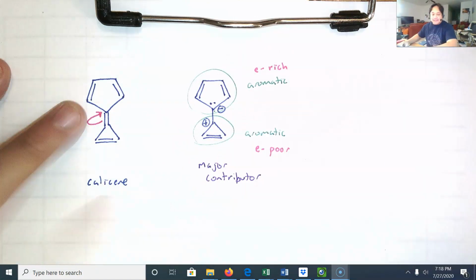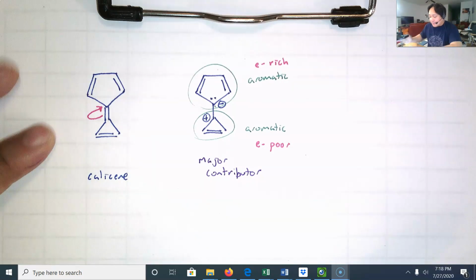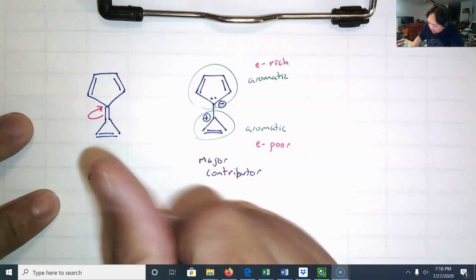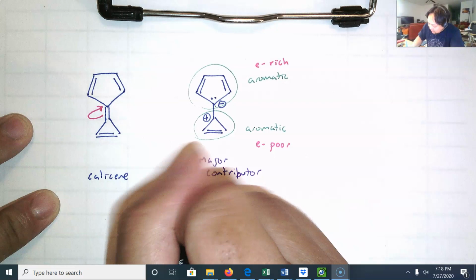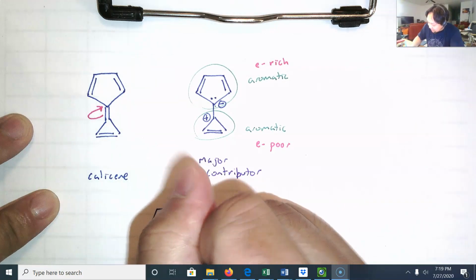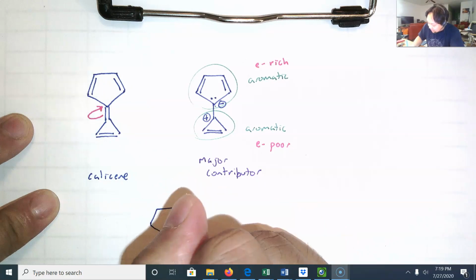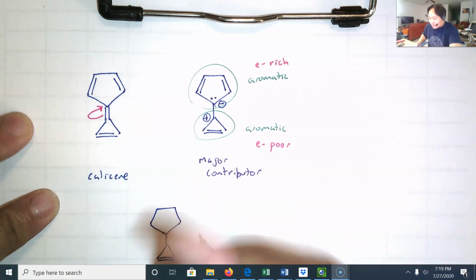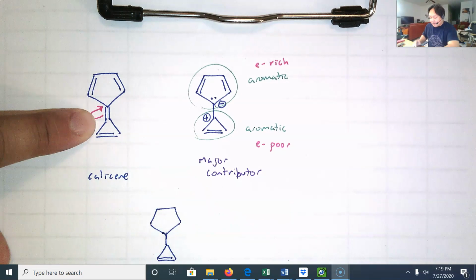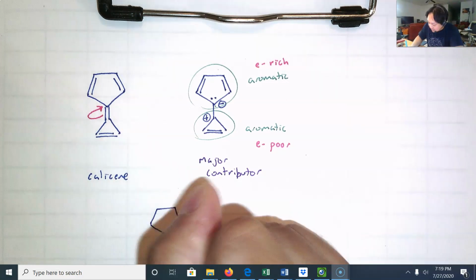Now, is this easy? No, it's not easy, because I can imagine, well, what if you're at the exam and you push the electrons in a different way? What if you push the electrons to the bottom ring and instead you have this?